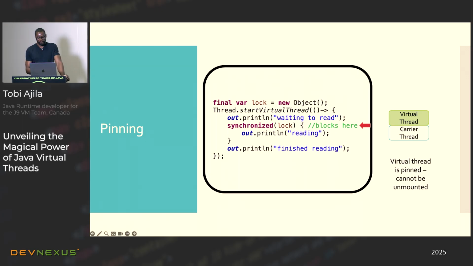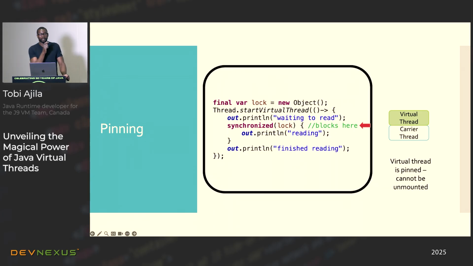In JDK 24, however, the synchronization mechanism is being reworked such that now we have the ability to basically up-level synchronization. So take it out from the JVM and up-level how this works and associate it with the Java scheduler such that when a virtual thread blocks, we can take the virtual thread, unmount it, and add it to a queue that the fork join pool scheduler knows about, and that lock communicates with the queue.